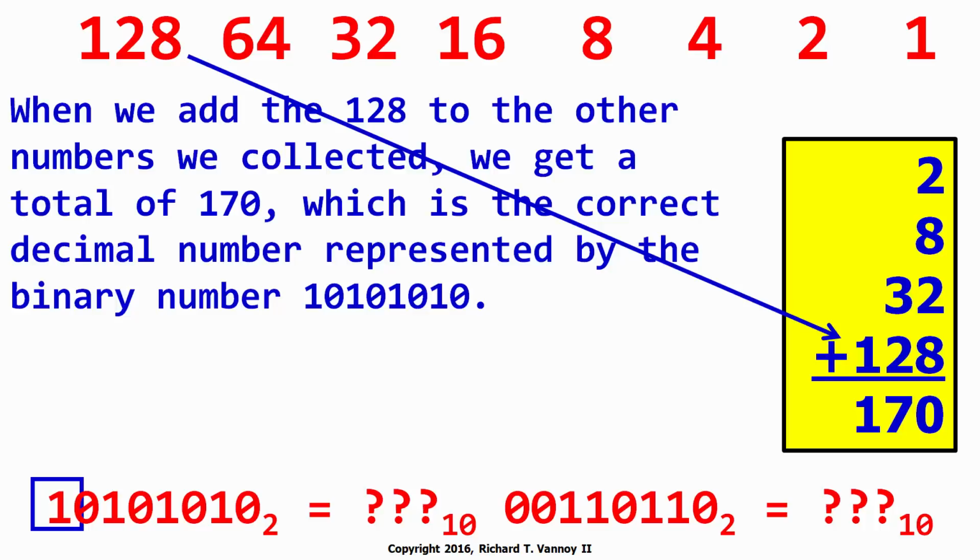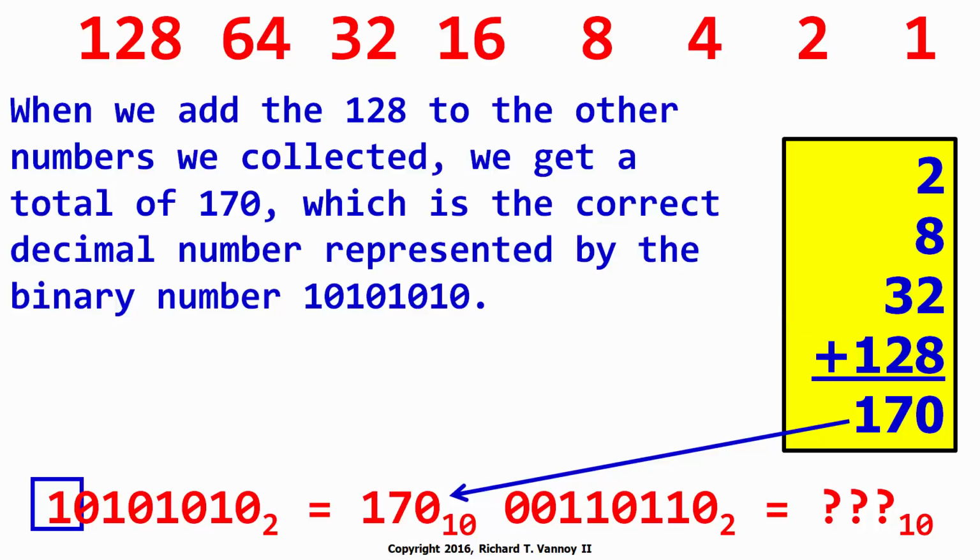And 170 is the correct answer for the decimal value of this binary number. So down the bottom, we can replace our answer of 3 question marks with 170 subscript 10, meaning in the decimal system, this number has a value of 170. So we're done filling out this number.